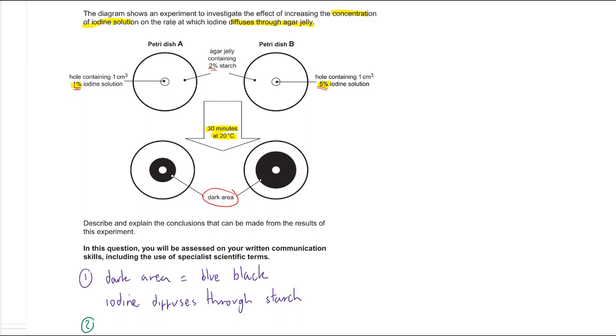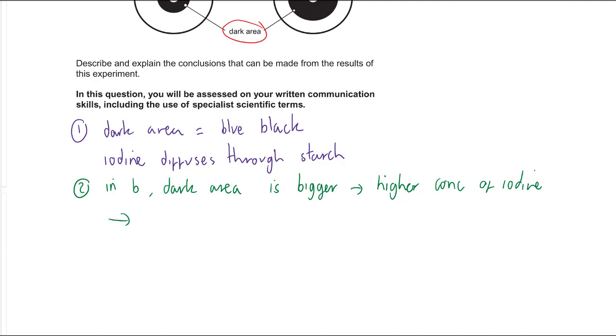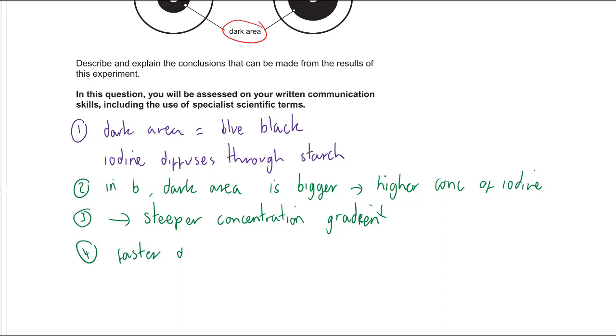The second thing I would say is, in B, the dark area is bigger, and that's because there is a higher concentration of iodine. Now, the thing that we need to do to describe that is there is a steeper concentration gradient. So there is faster diffusion.